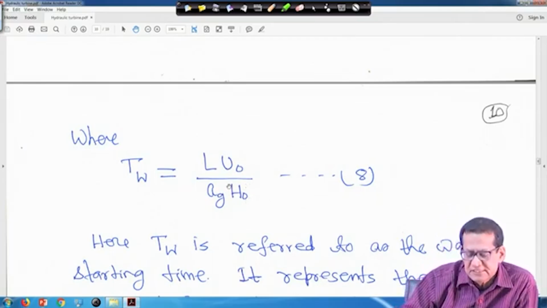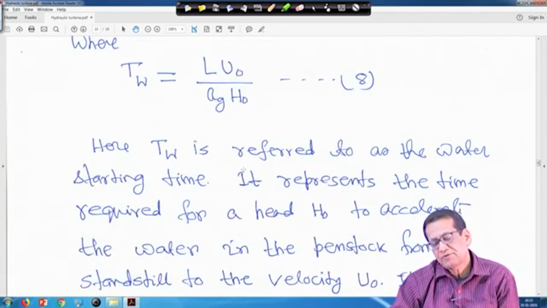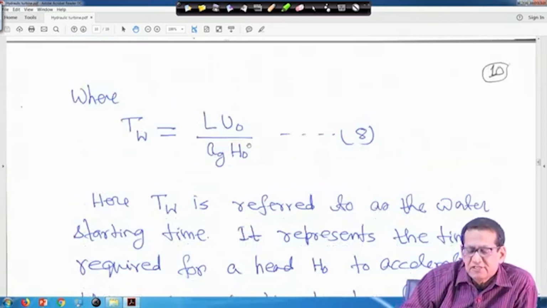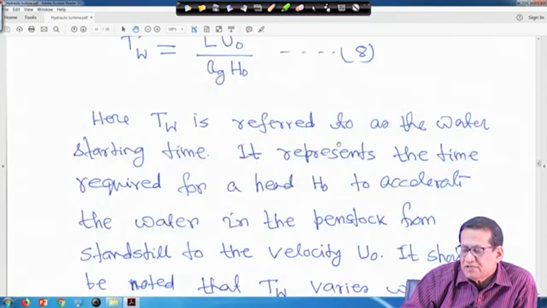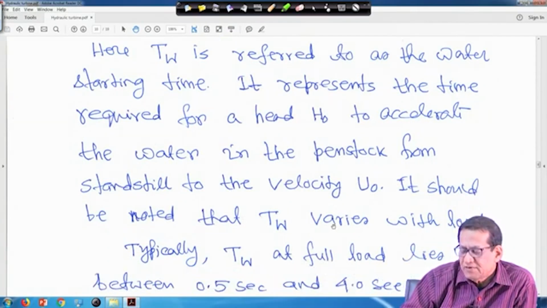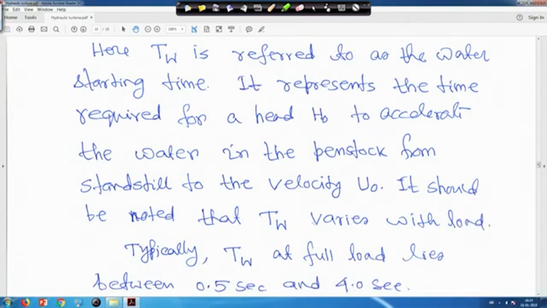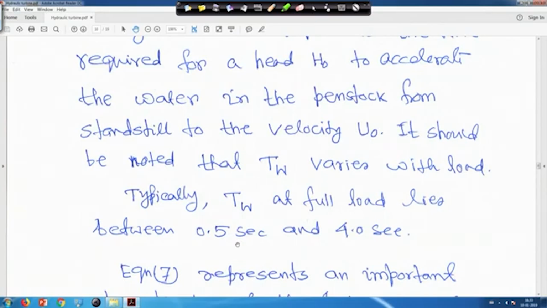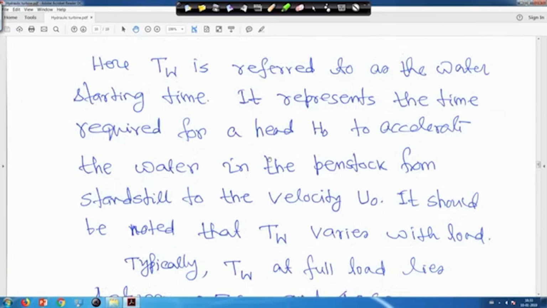This is actually called the water starting time, TW.